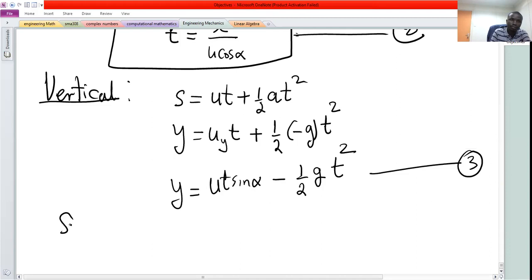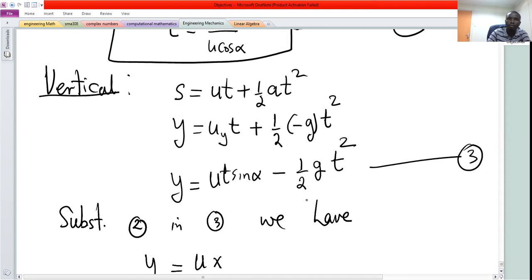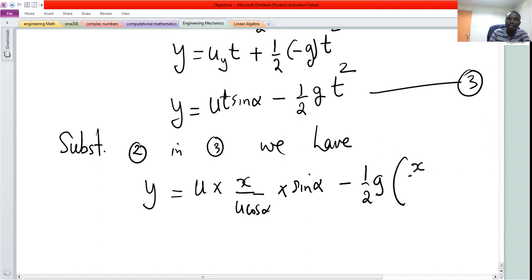So substituting 2 in 3, we have y equals u, where there's t, you put x over u cos alpha, times sine of alpha, minus a half g into t replaced by x over u cosine of alpha, and then you square.